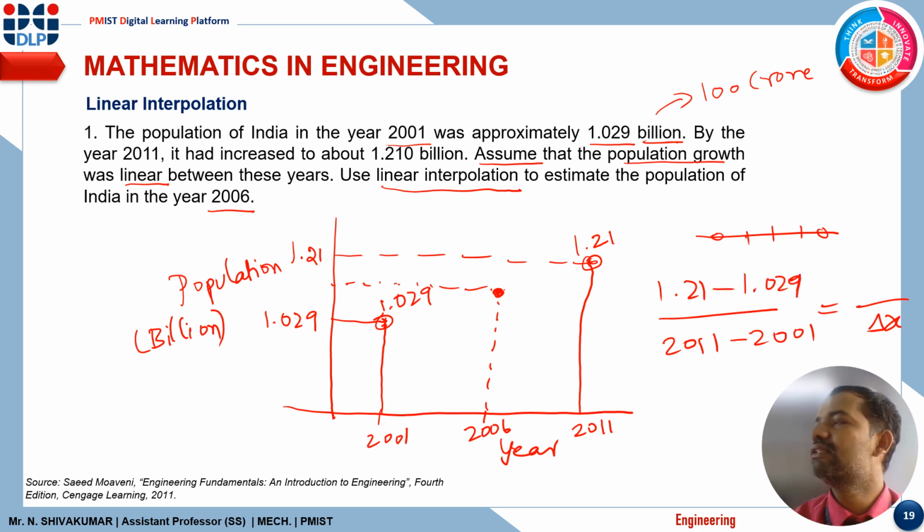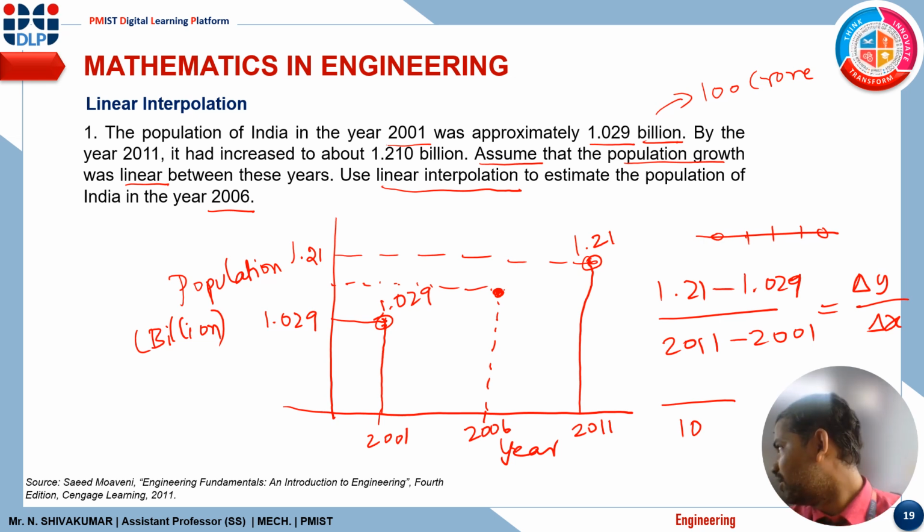Now calculate the difference. So 2011 minus 2001 is 10, and at the top we have 1.21 minus 1.029. So what is the value coming?